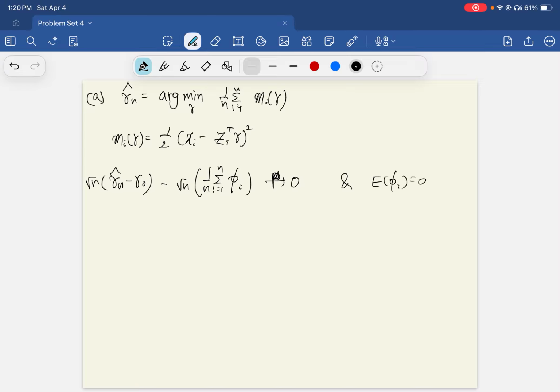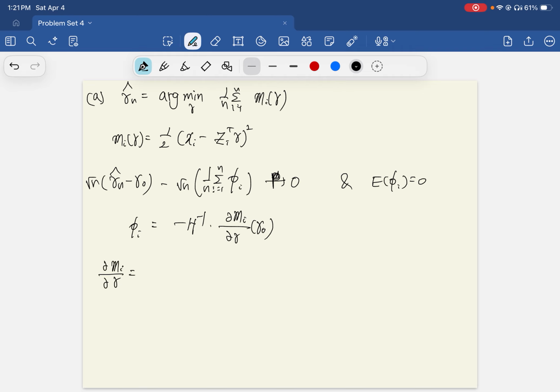So we want an influence function like this, and we know this influence function takes the form of minus H inverse times this, right? If you remember what we did in the earlier chapter, this is the influence function.